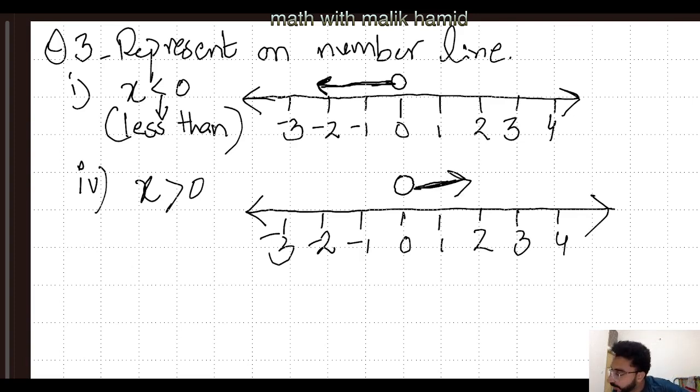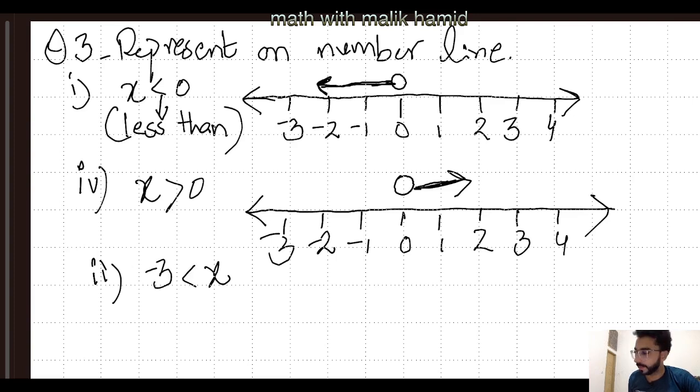Next, the second part: x is greater than -3 and less than 3. Simple. Draw a line here.